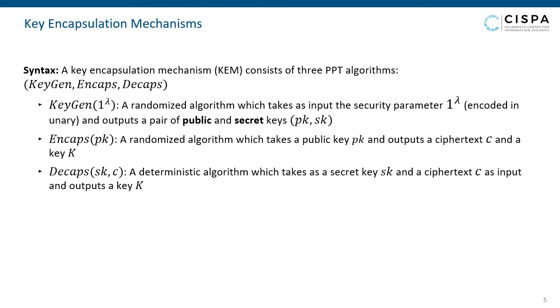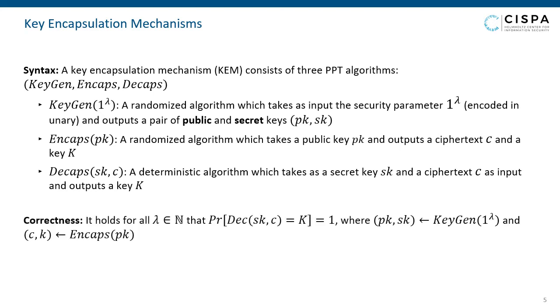The Decaps algorithm is a deterministic algorithm which takes as input a secret key SK and a ciphertext C and outputs a key K. As always, the most basic property we require is correctness.